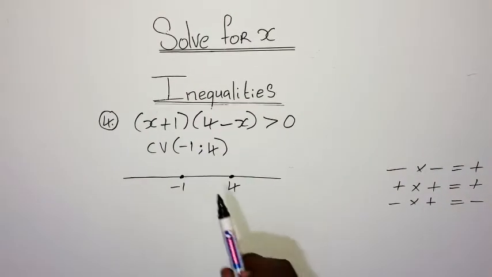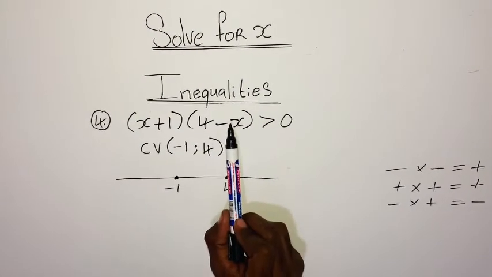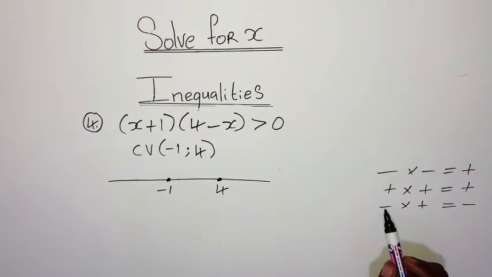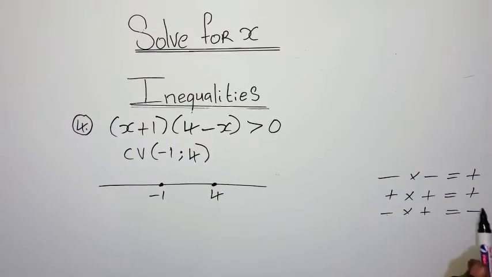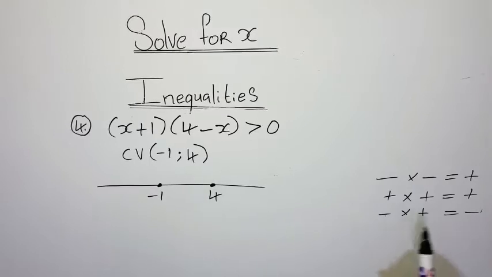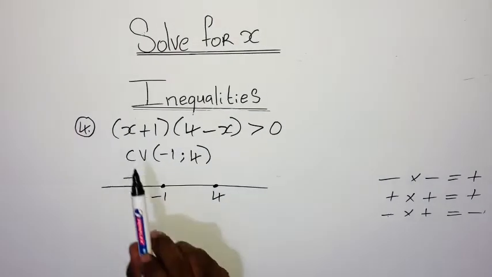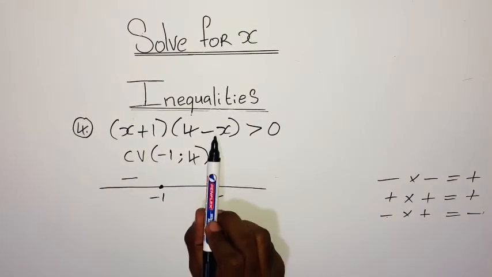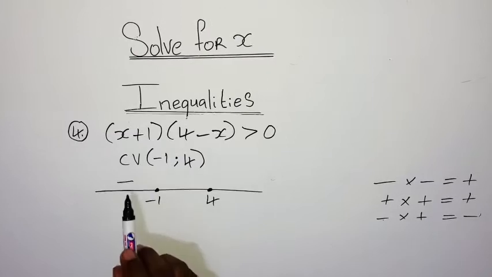Therefore, this x is positive, this one is negative, meaning that we are multiplying a negative times a positive, which will give us a negative. So the first sign we'll write on our number line will be a negative. Reason being, this x is positive, this one is negative. Multiplying a negative and a positive, you get a negative. So the first sign will be a negative.